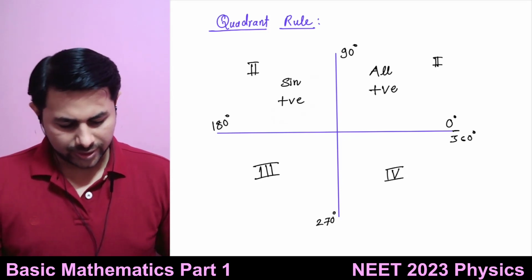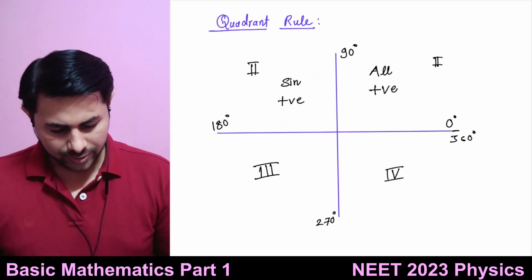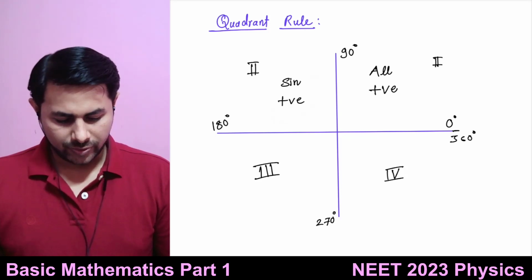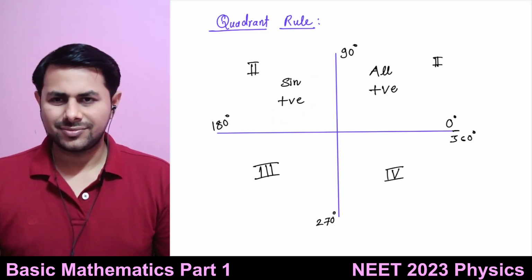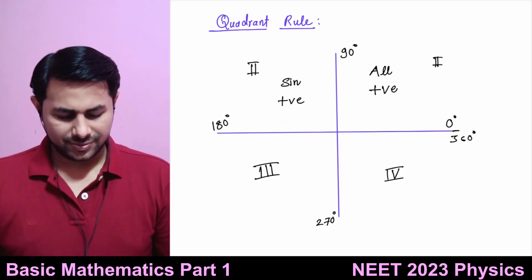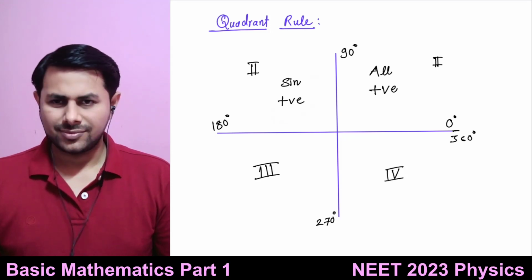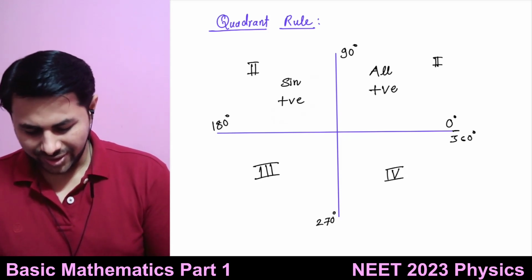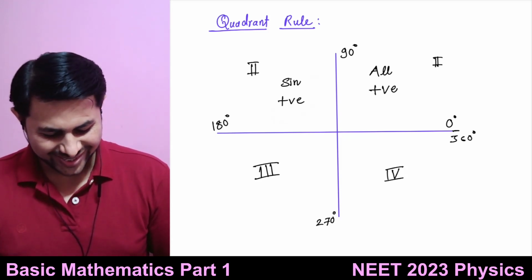Then in the third quadrant, there is a trick, sir. What's the trick? All silver teacups, sir. All for the first quadrant, then T, then C. All silver teacups.